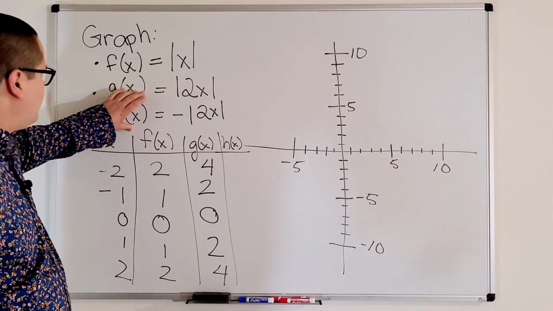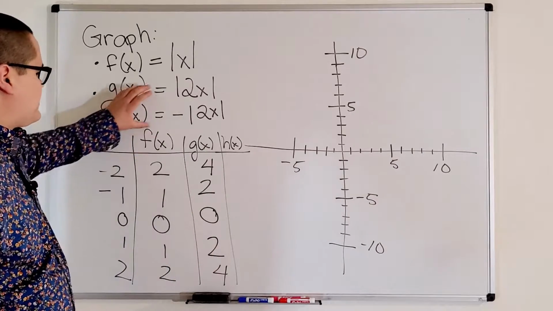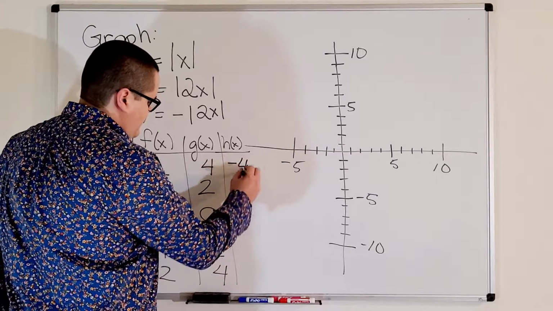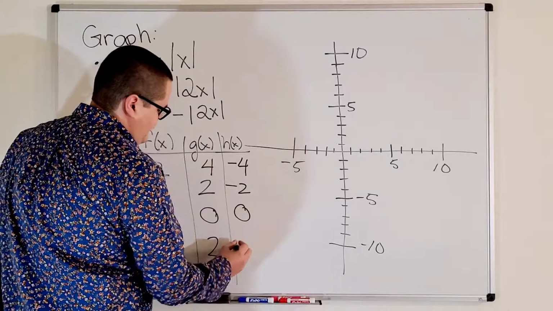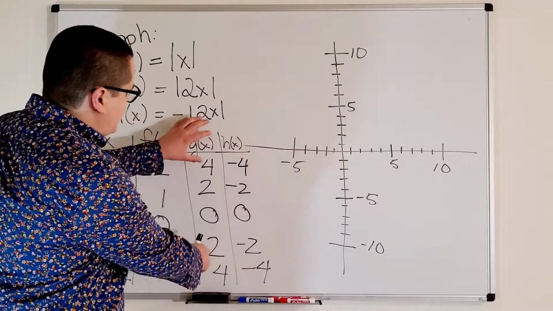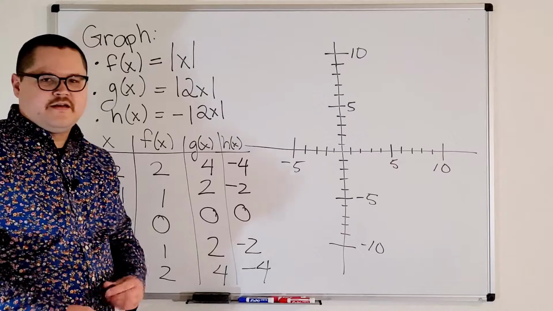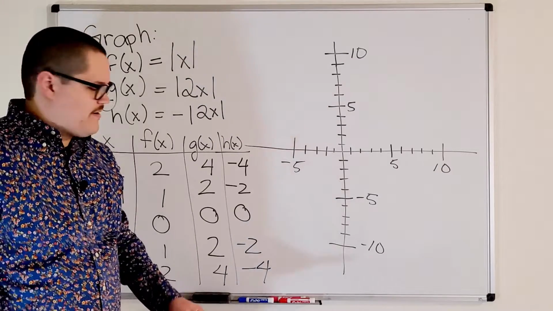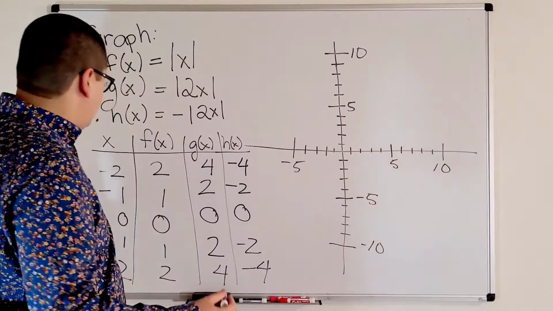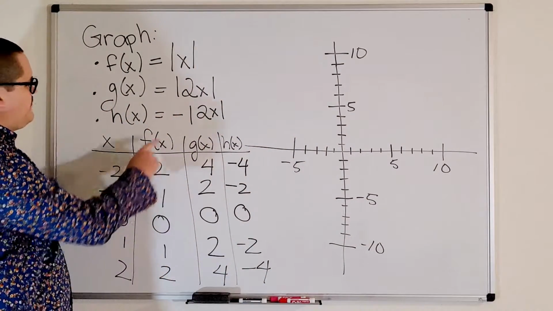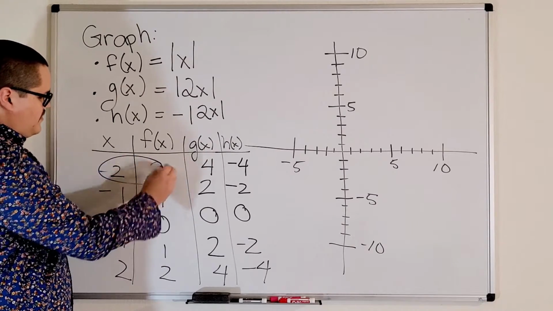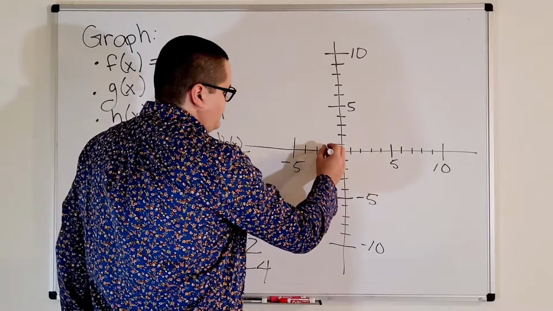H of x, well, given g of x, h of x is just the negative of that. So let's just flip signs everywhere. So h of x is just the negative of this column here. All right, as to the graph. Absolute value of x, so one point on it is -2, 2, left 2, up 2.